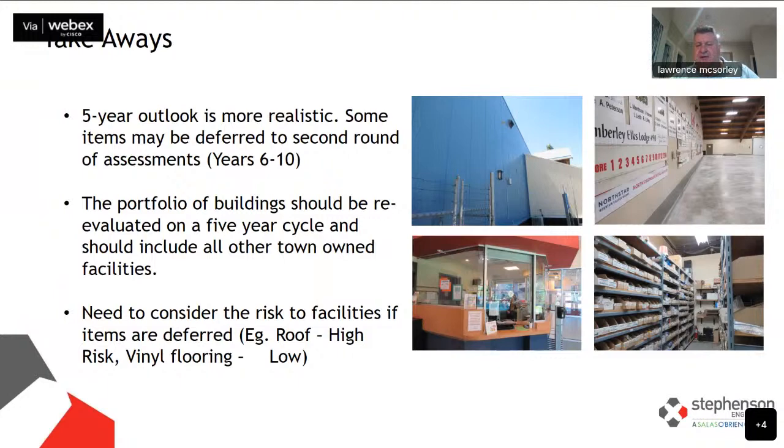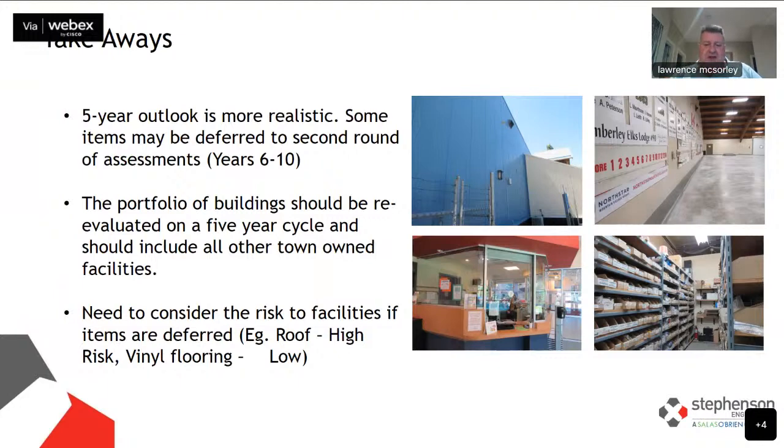So the 5-year outlook helps you budget the most important things and keeps your buildings running better. The 20-year outlook is helpful just to see where things might go if you defer things. And then it's a good way to compare your buildings to each other so you can help prioritize which building should be the focus of your money. And then there are things to consider as far as risk factors.